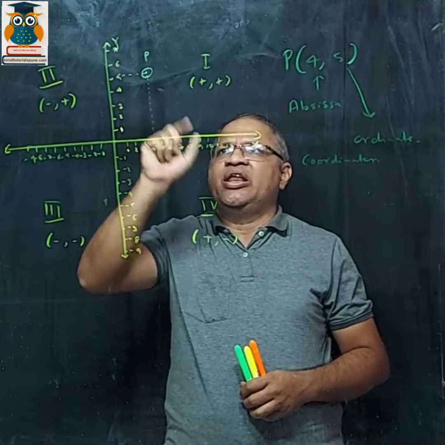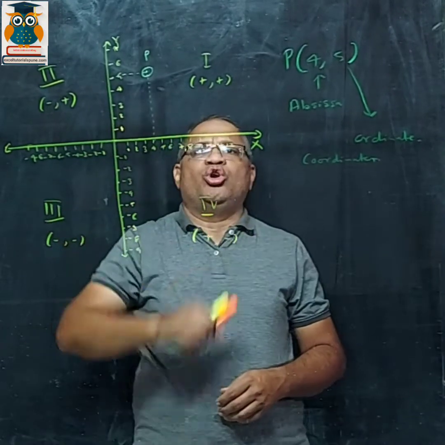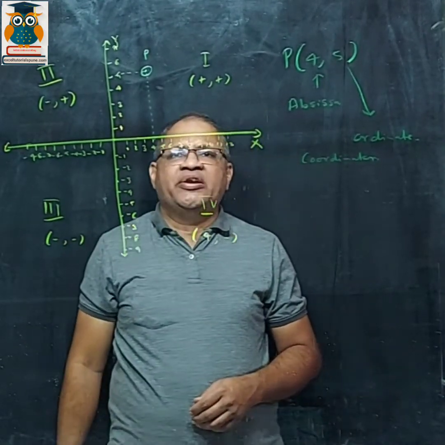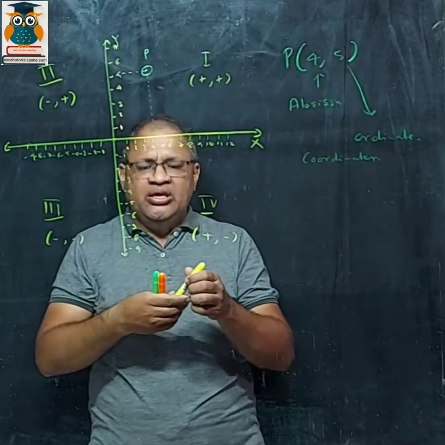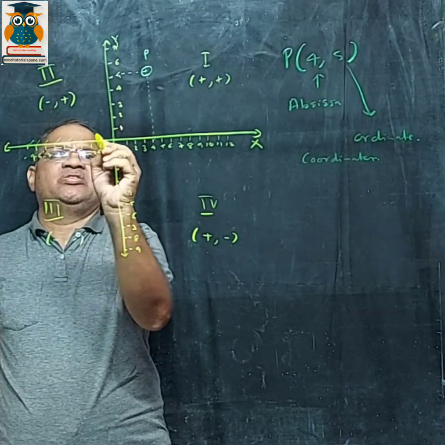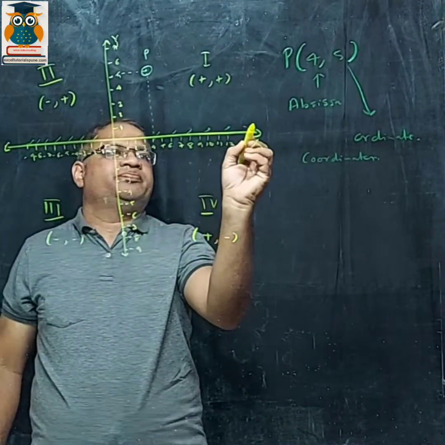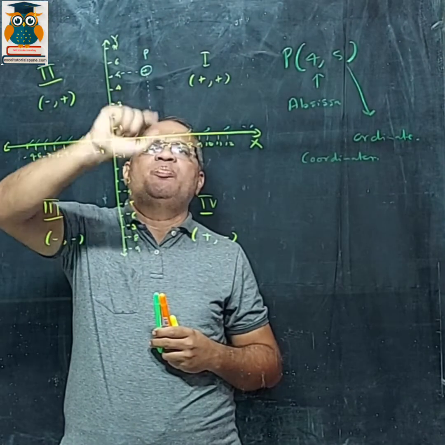In the same way, supposing P is the coordinate 4, 5, when it is reflected in the x-axis. Supposing this is the x-axis, or we can say this x-axis is the mirror. Supposing you have placed a mirror over here, where will this point come?